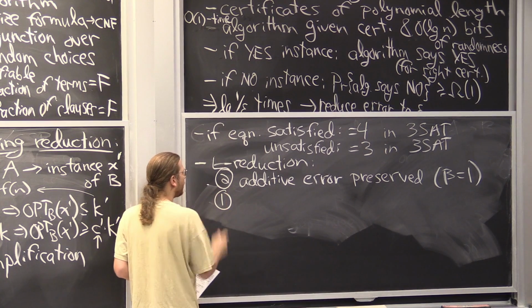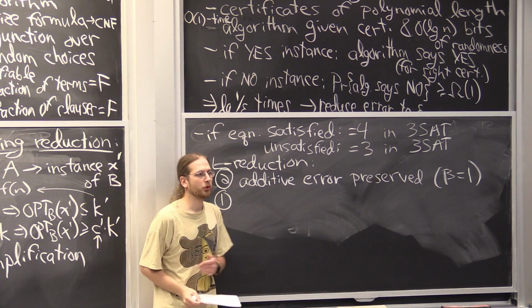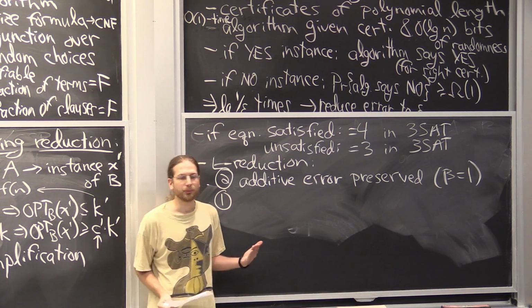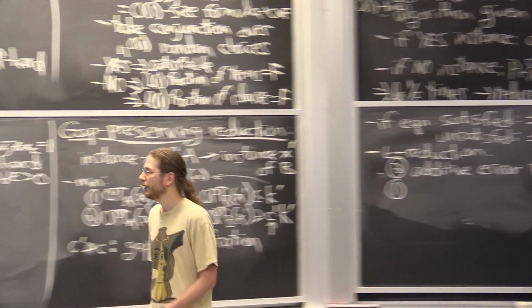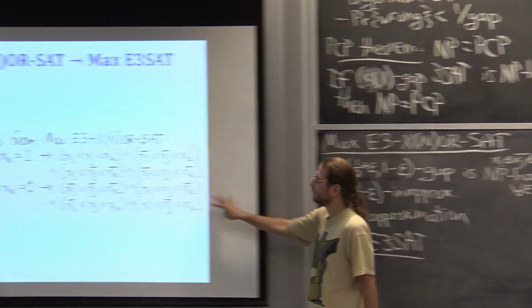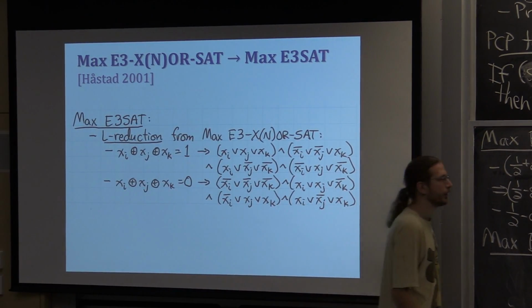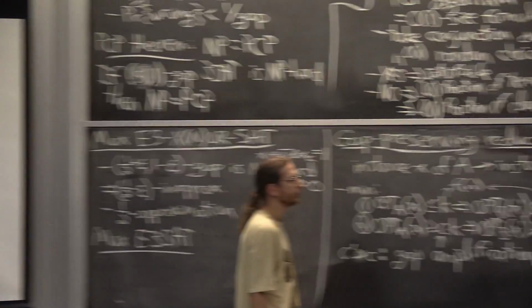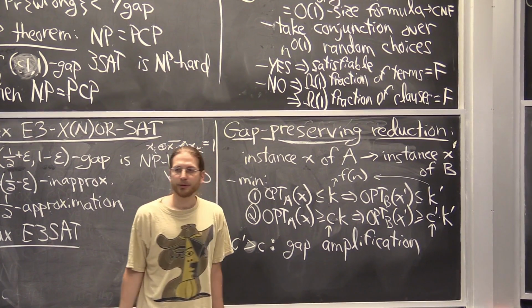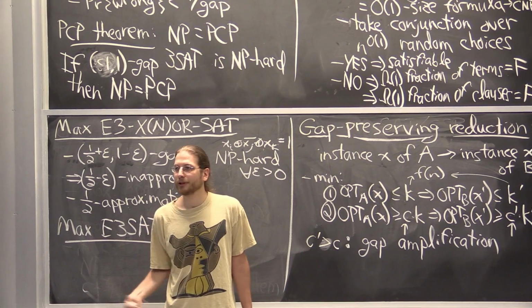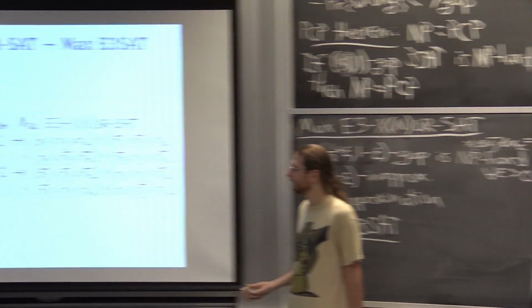Then there was the other property, which is that you need to show that you don't blow up opt too much. We want the opt on the right-hand side to be at most some constant times opt on the left-hand side. This requires a little bit more care because we need to make sure opt is linear, basically. We did a lot of these arguments last lecture.